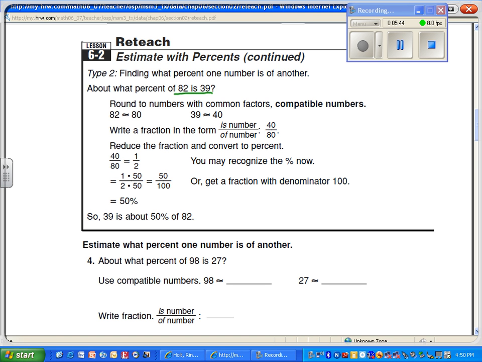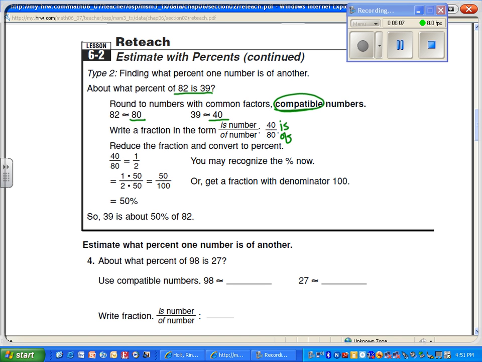So we're going to round both of these numbers to numbers that are compatible with each other. Remember that compatible numbers are numbers that work well together. So the 39 is the is, the top number, and the 80 is going to be the of, our bottom number.